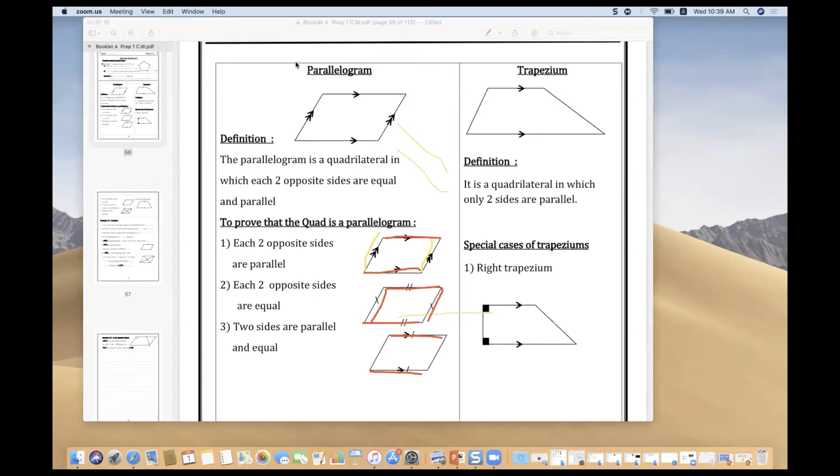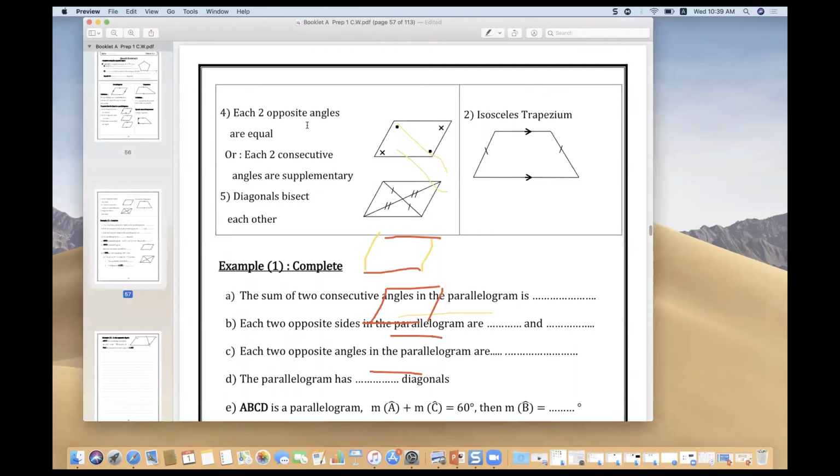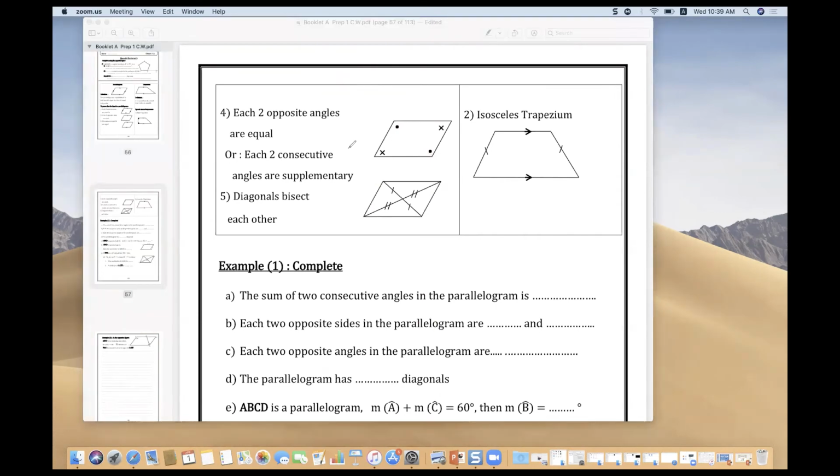Right, Ms. Rahab? Are you with me? And the fourth one? Each two opposite angles are equal, or two consecutive angles are supplementary.